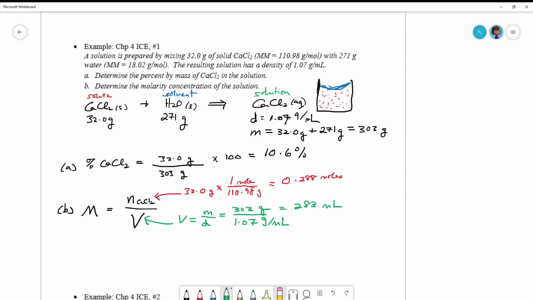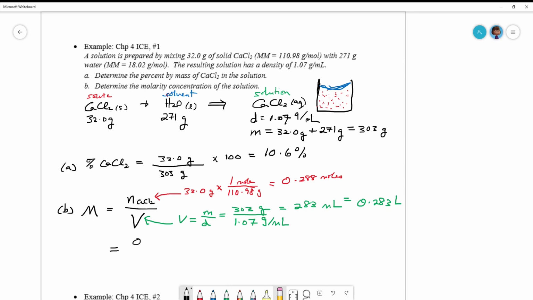But wait, you say, isn't the volume term supposed to be in liters? Yep, it is. So converting this to liters, it's 0.283 liters. So now, all we got to do is plug and chug this problem out.